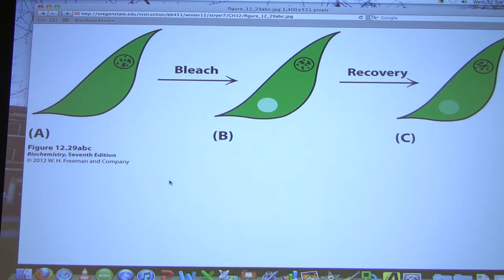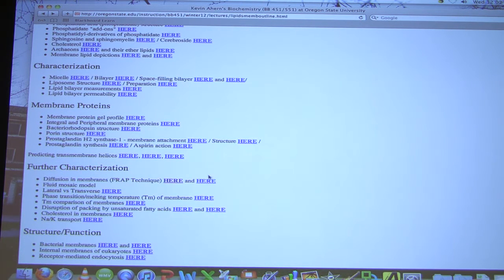So you have a color change associated with hitting it with a laser beam. If you watch the rate with which that color disappears, you can get an idea about how fast things in that membrane are literally diffusing around. And what you discover is things are moving fairly rapidly.